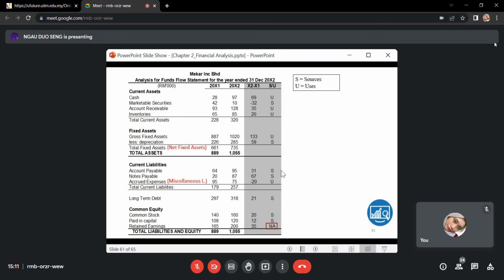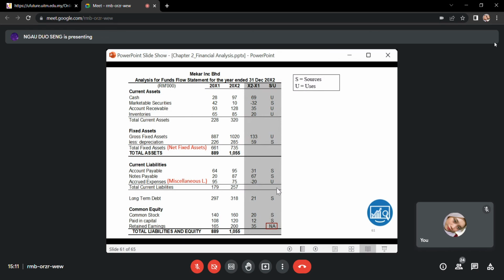So it's the sources of fund. Then notes payable 20 increases to 87. This one debt increases, but you get funds of 67. So sources. Accrued expenses or miscellaneous, 95 reduced to 75. So negative answer. This one is uses of fund.